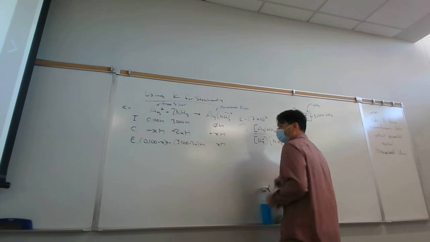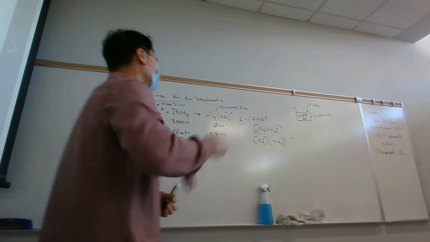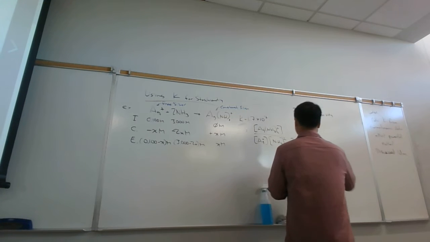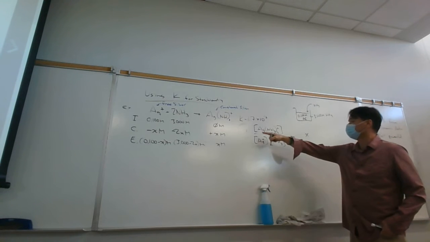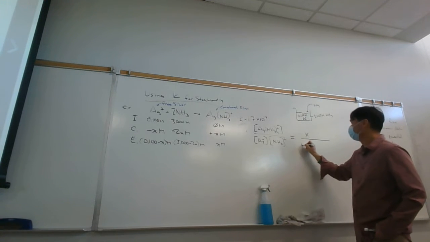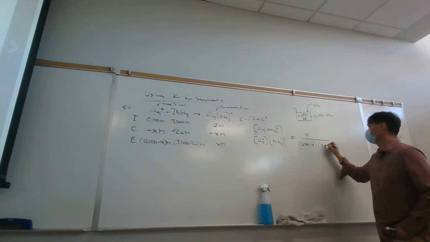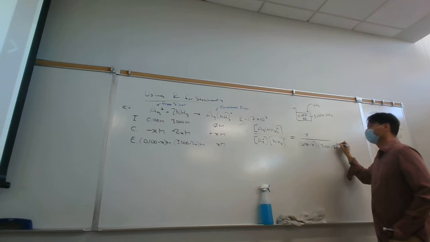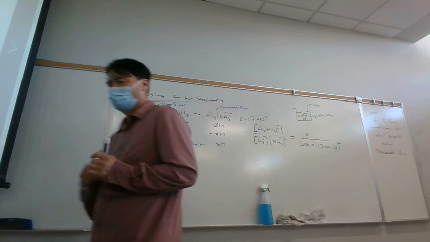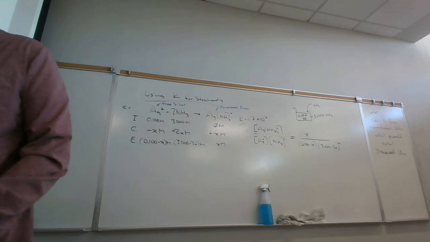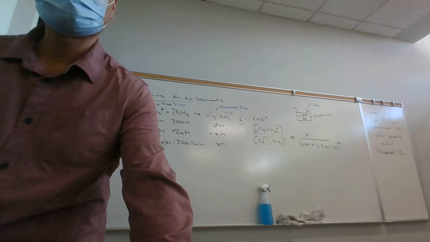This is going to equal x divided by 0.100 minus x, divided by 3.000 minus 2x quantity squared. Okay, so now all we have to do is solve for x. Why don't you go ahead and solve this for x?